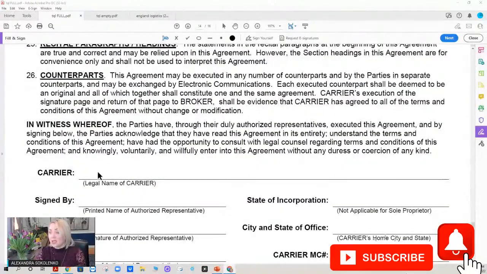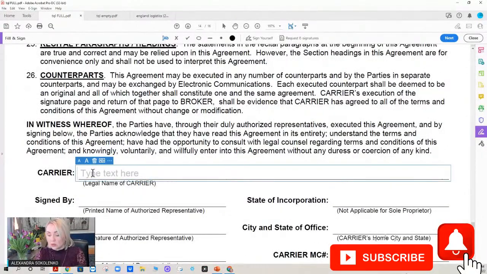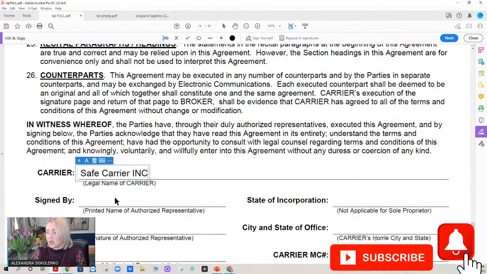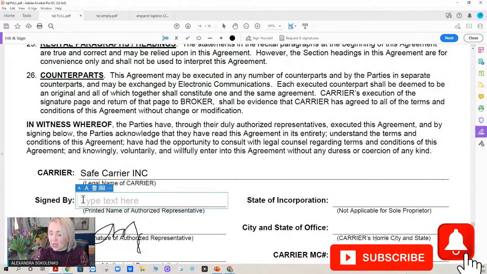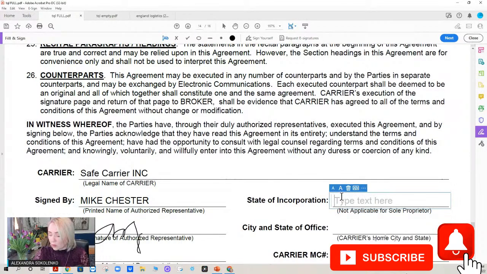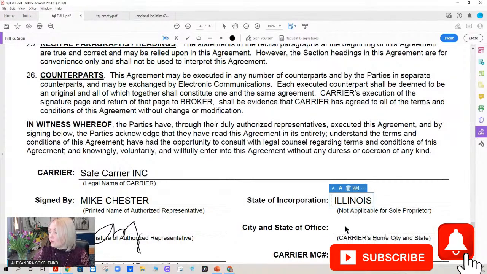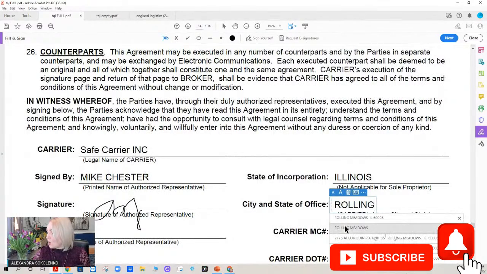We got to the end of this. So what do you need to do? Again, you're going to put Safe Carrier in the signature of the owner, right? So we're going to put right here Mike Chester, who we created, is the owner. State of incorporation, let's say Illinois, and city and state of the office, we're going to put here Rolling Meadows.